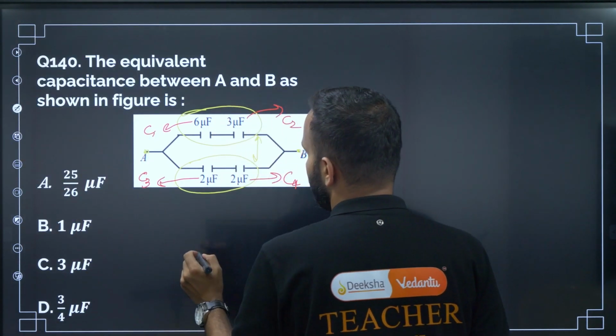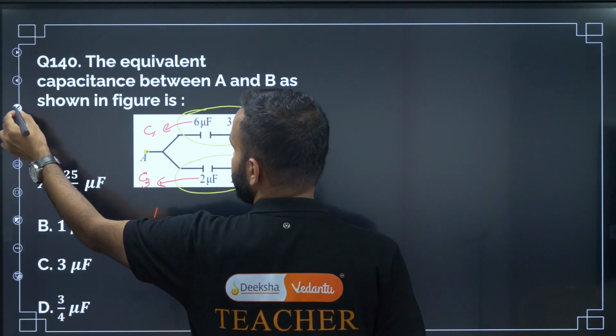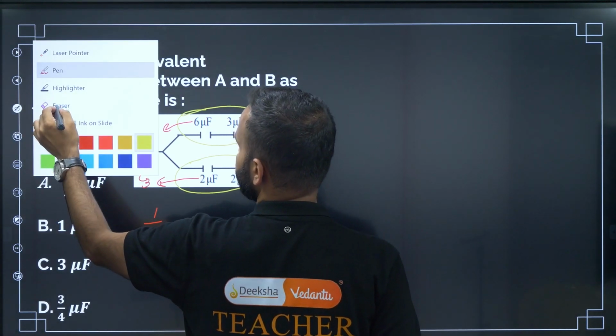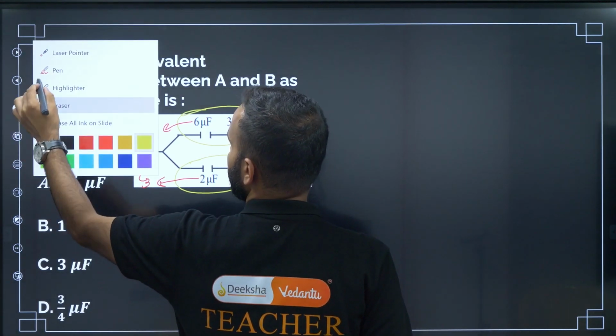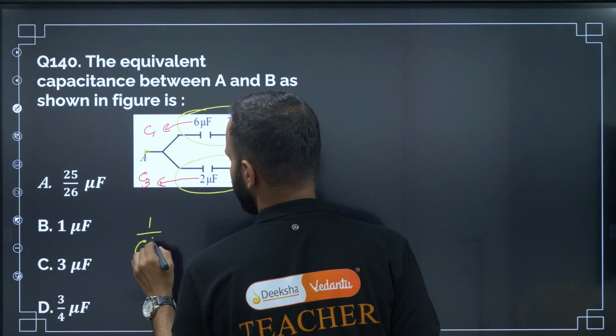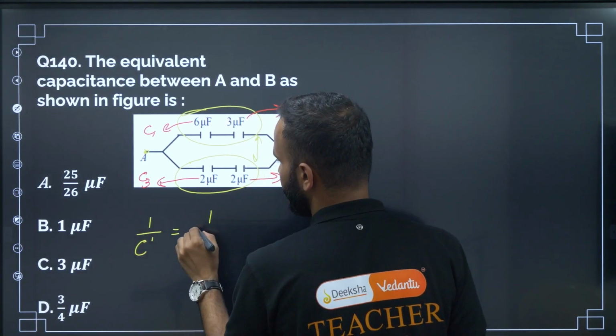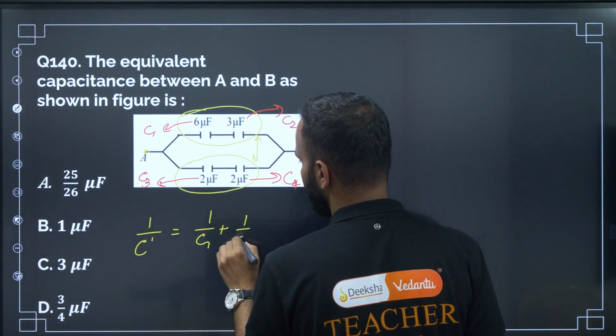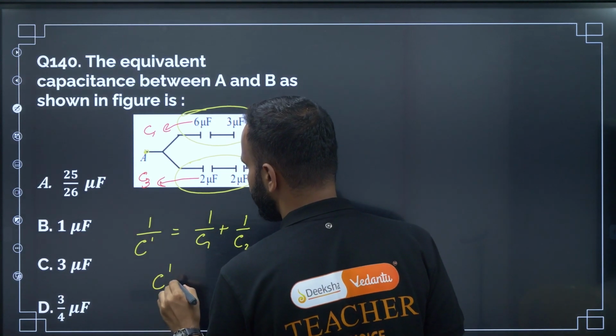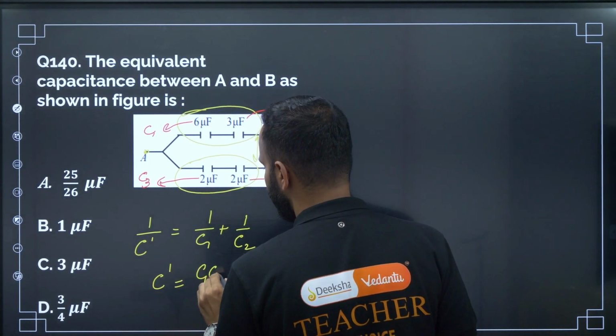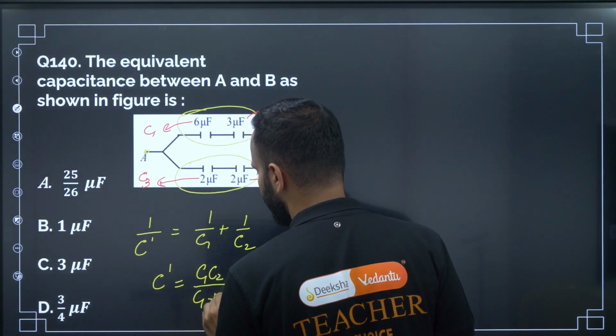So 1 divided by C dash is equal to 1 divided by C1 plus 1 divided by C2. So C dash is equal to C1 C2 divided by C1 plus C2.